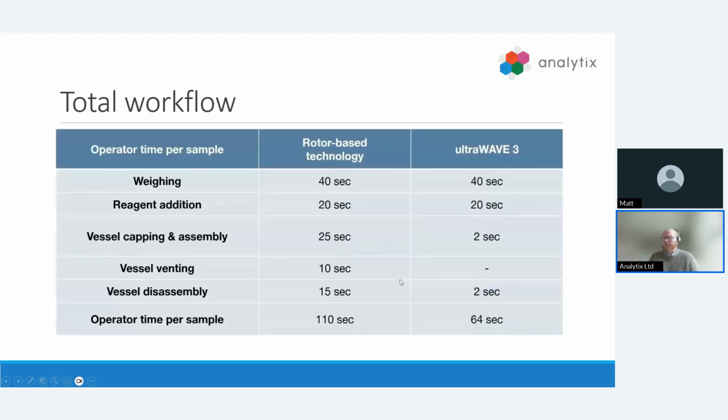So if we compare that as a whole operator time per sample, for rotor-based we're looking at 110 seconds, whereas it's half that for a user when using the single reactor chamber technology.